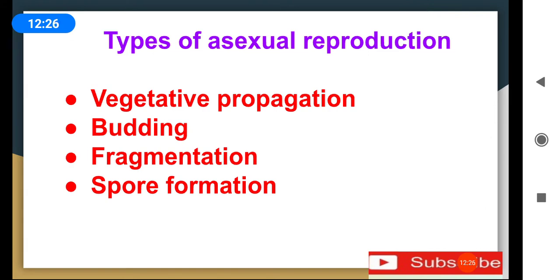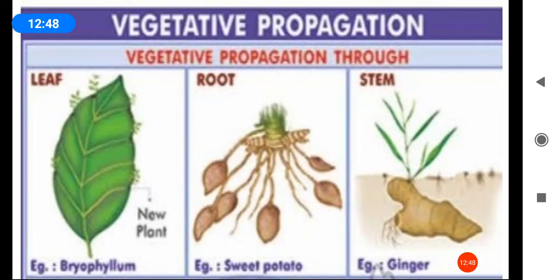Asexual reproduction has four types: vegetative propagation, budding, fragmentation, and spore formation. What are the types of asexual reproduction? Vegetative propagation, budding, fragmentation, spore formation. Let us see them one by one.